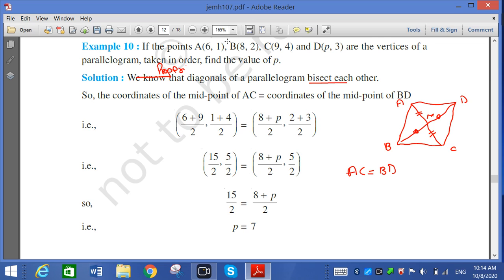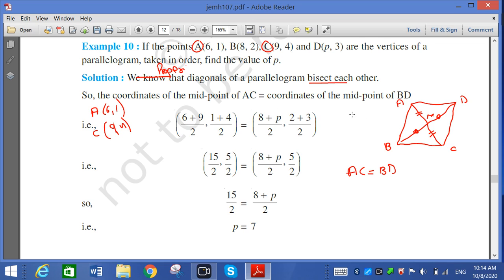First of all we write A and C. For AC, the coordinate of A is (6, 1) and the coordinate of C is (9, 4). Now apply the midpoint formula: (6 plus 9) divided by 2, (1 plus 4) divided by 2.